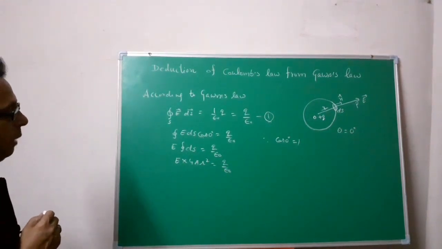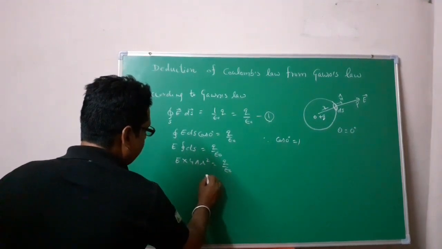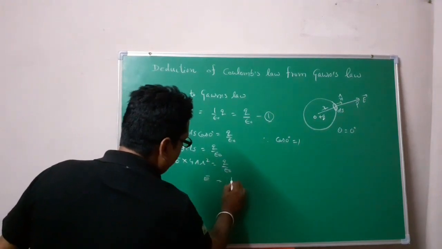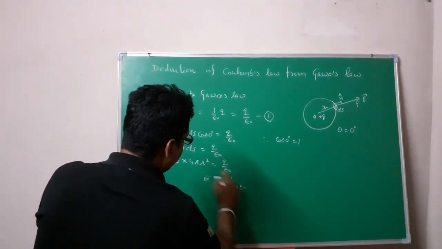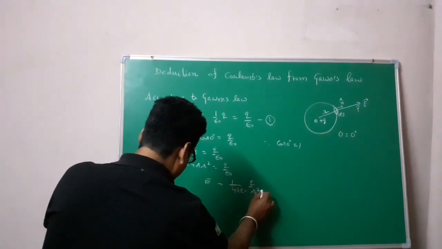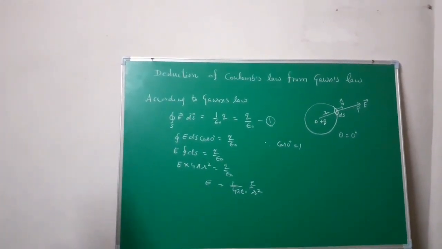So here we will find the electric field. Electric field is equal to 1 upon 4 pi epsilon naught times q upon r square. So this is the value of the electric field.